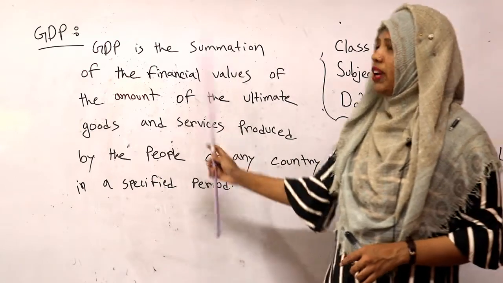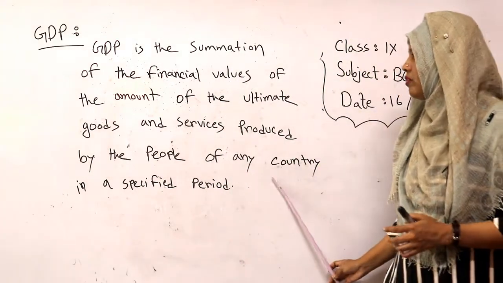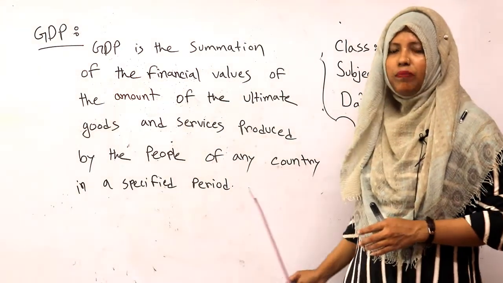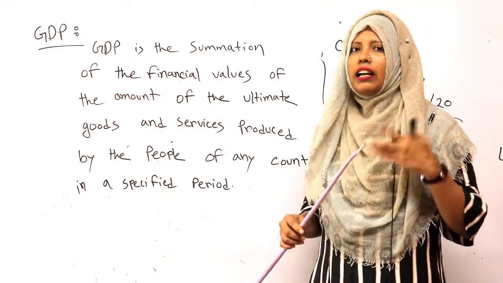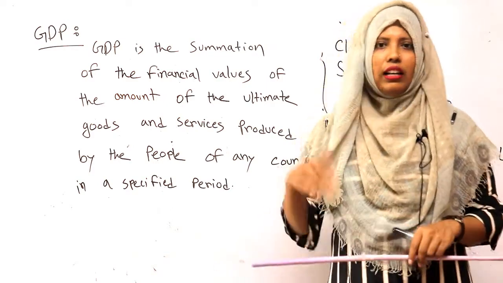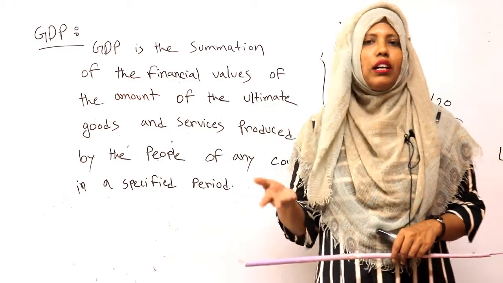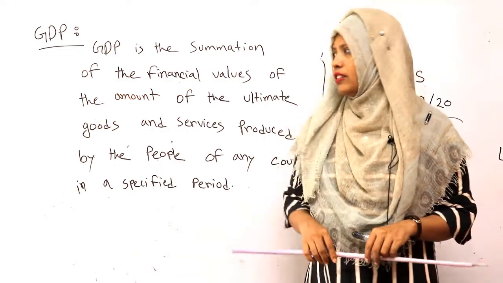The main difference between GNP and GDP is the income of the people of the country. In GNP we include the income of the citizens, only citizens who live in our country and who live outside of Bangladesh, in another country.